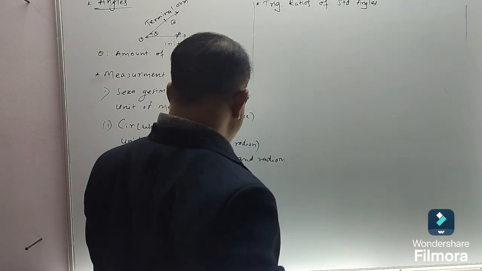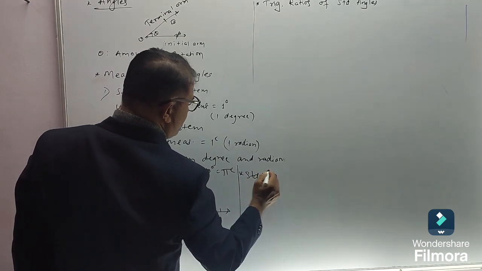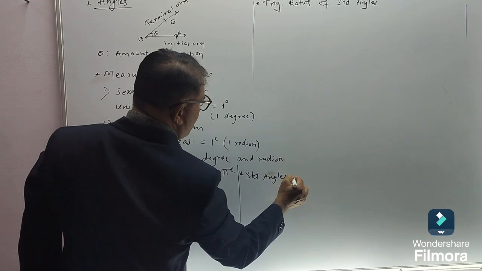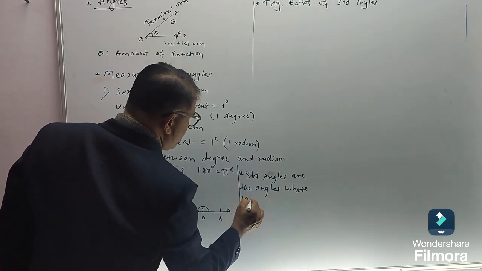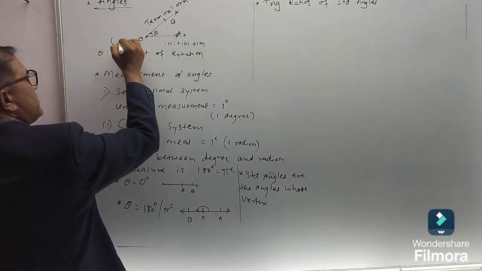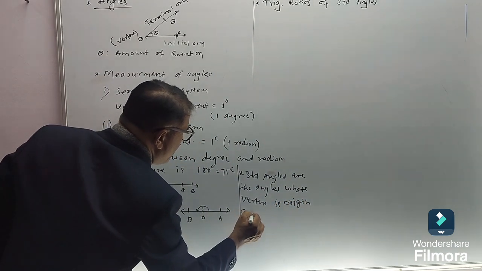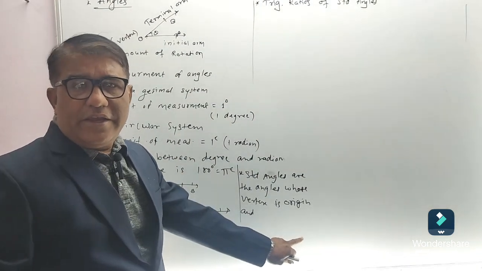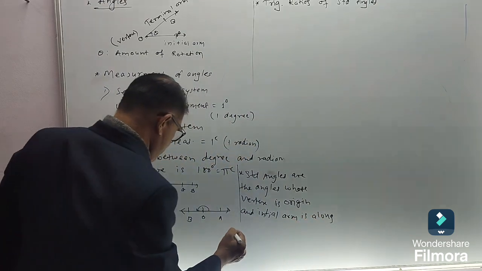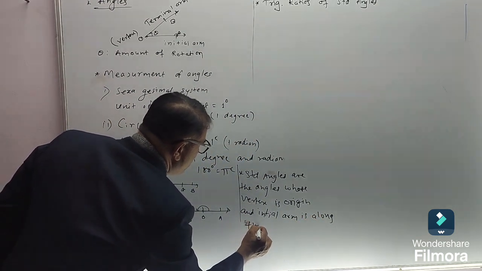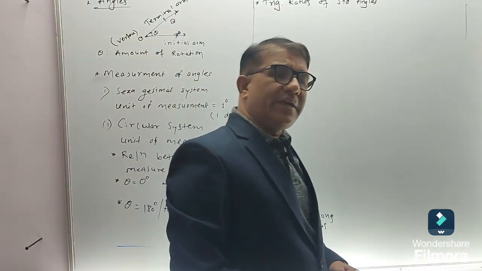So what are standard angles? Standard angles are the angles whose vertex, here O is the vertex, whose vertex is the origin and whose initial arm is along the positive direction of the x-axis.